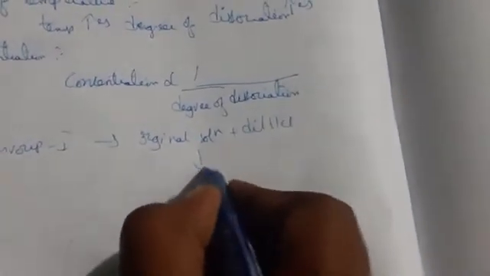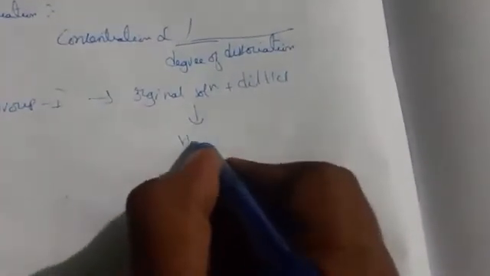Okay, so if you get any precipitate, then we can say that it is a first group cation. If there is no precipitate, then to the above solution we are going to pass H2S gas.